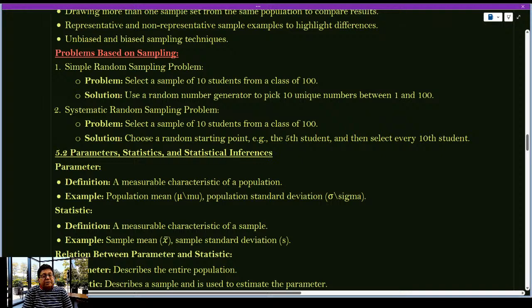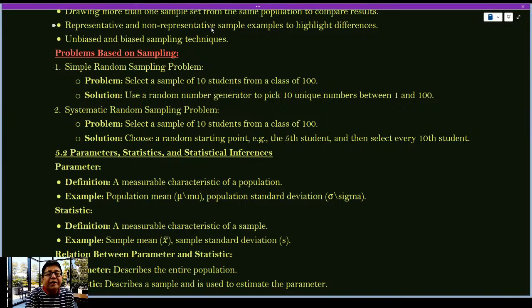So this kind of problem they ask, where the problem is to select 10 students from a class of 100. You just think how you select a sample of 10 students from a class of 100. How do you select? Is there any choice?